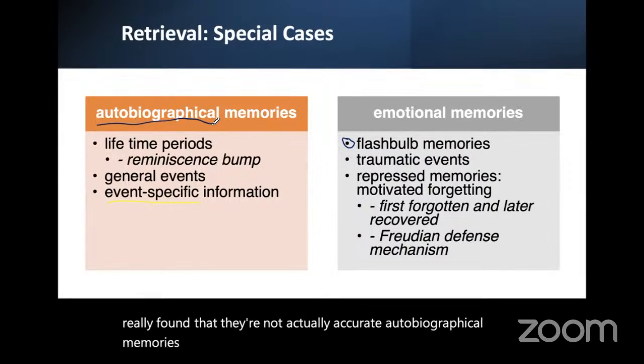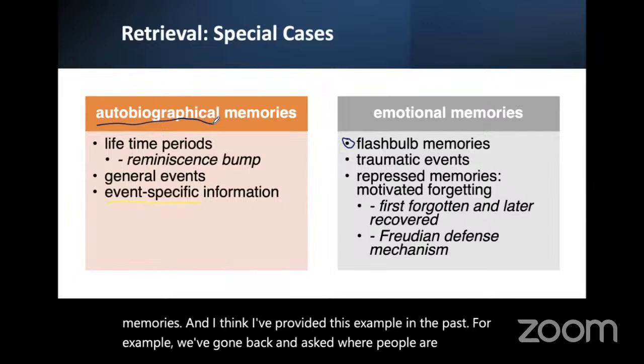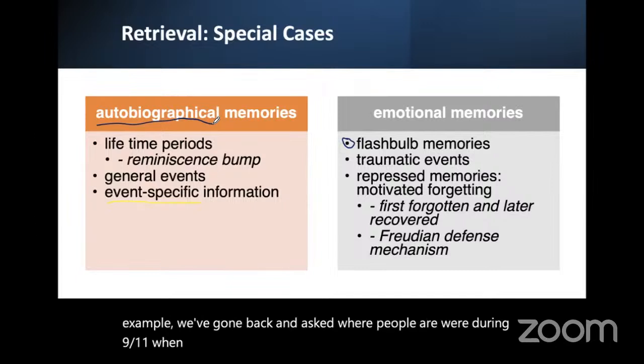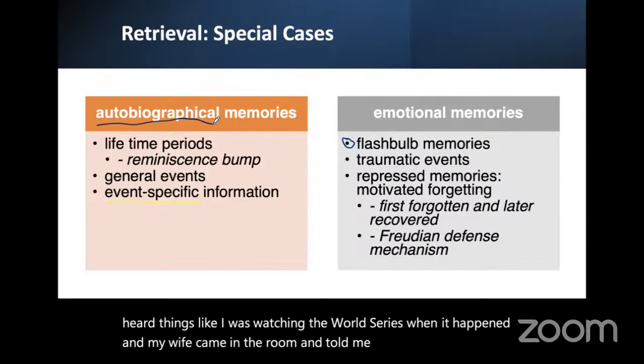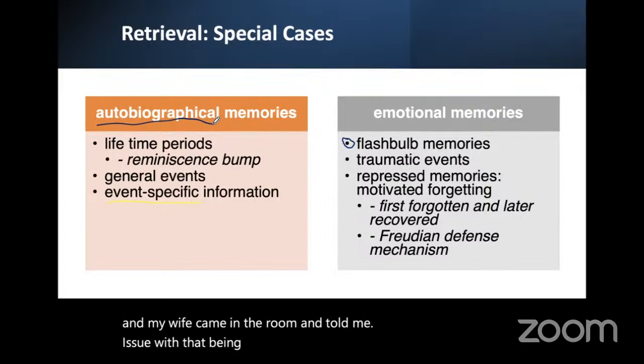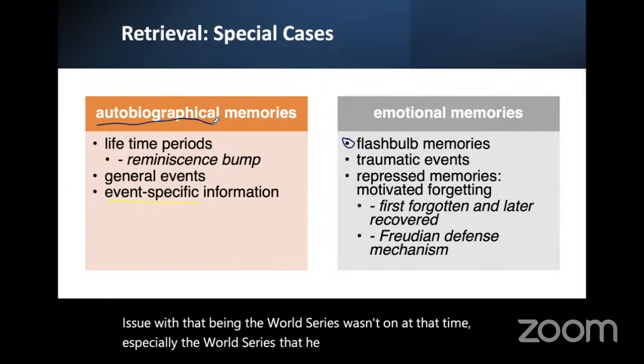And I think I provided this example in the past. For example, we've gone back and asked where people were during 9/11 when they heard the planes crash into the buildings. And we heard things like, I was watching the World Series when it happened and my wife came in the room and told me. The issue with that is the World Series wasn't on at that time, especially the World Series that he remembered watching, okay?